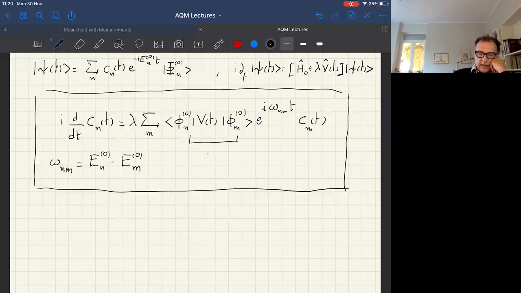Okay, now let's see how we can use perturbation theory. So for simplicity, we call this Vnm of t.